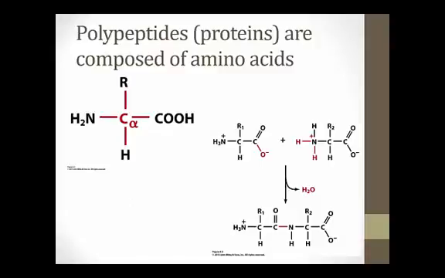Here we see the basic structure of an amino acid. At the center, we have a tetrahedral alpha carbon bound to a carboxylic group, an amino group, a hydrogen, and an R group. The R group, or the functional group, is what distinguishes the various amino acids found in nature from one another. You may also be asking yourself, why are they called acids?